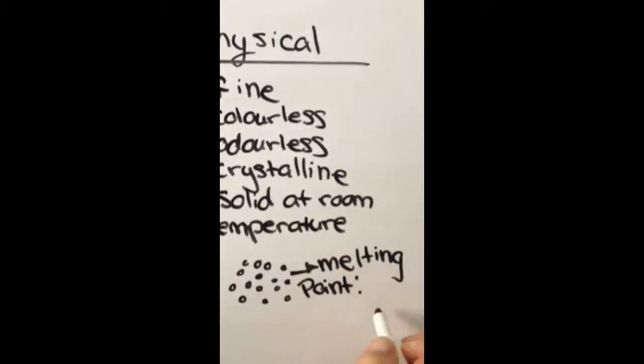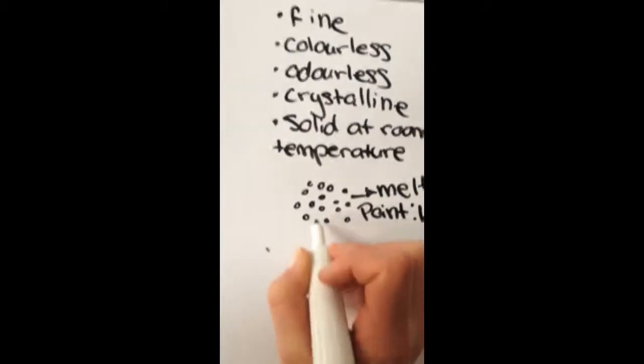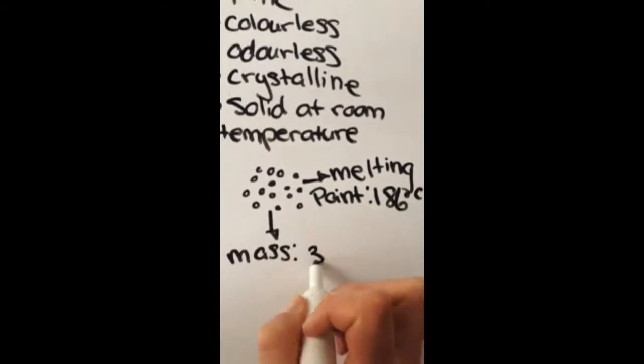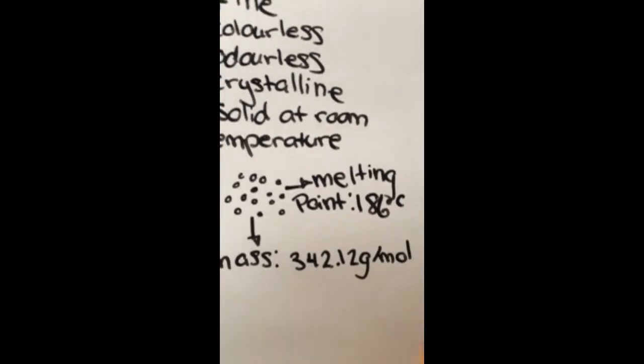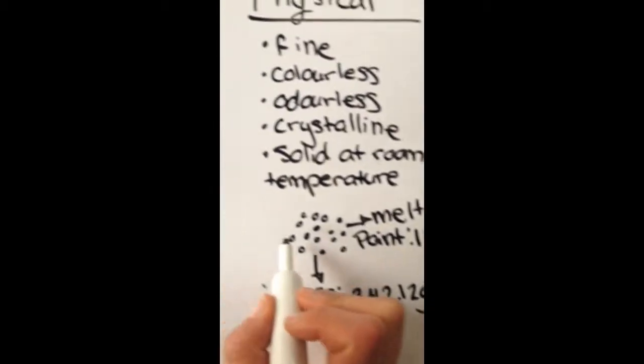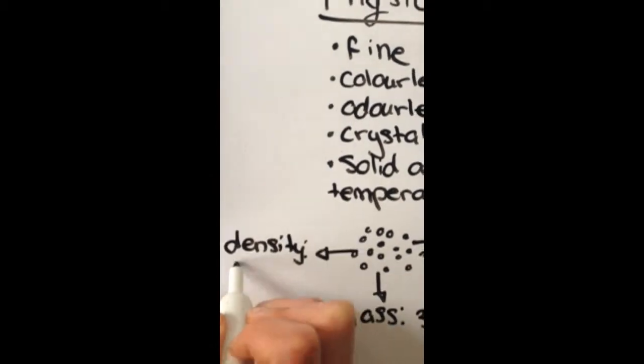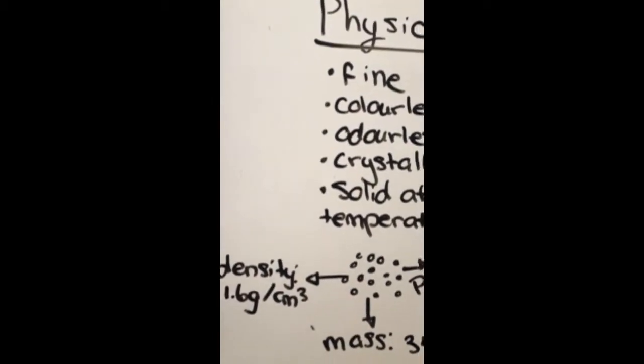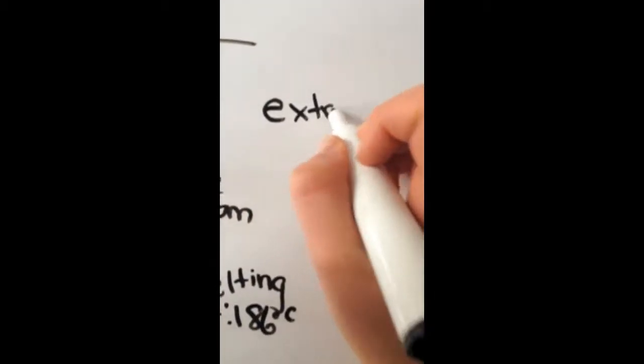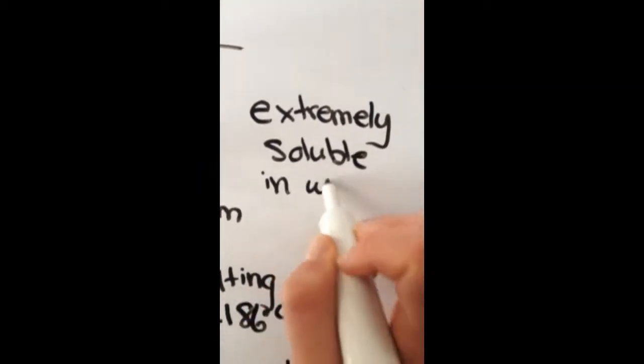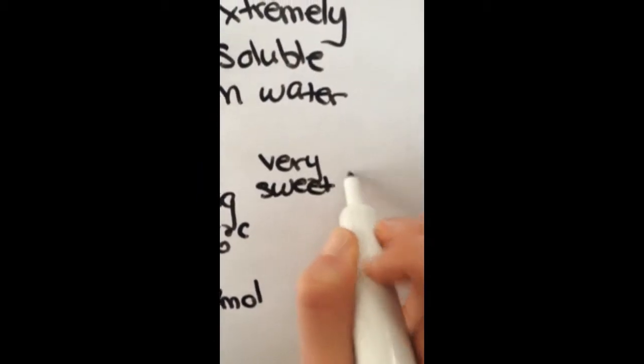It has a melting point of 186 degrees Celsius and a mass of 342.12 grams per mole, as well as a density of 1.6 grams per cubic centimeter. Some of its most unique properties are that it is extremely soluble in water and very sweet in taste.